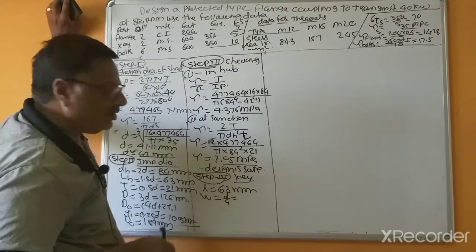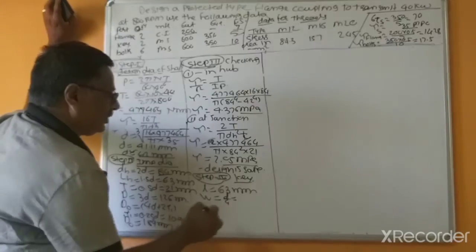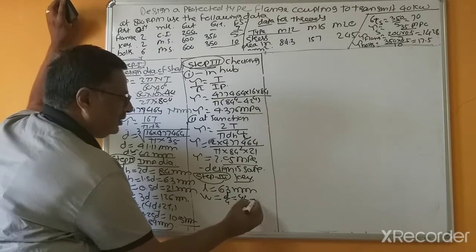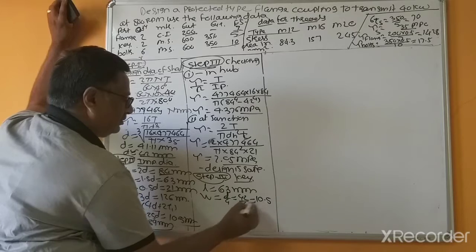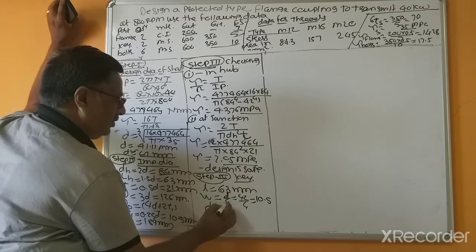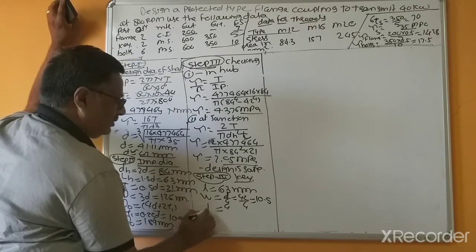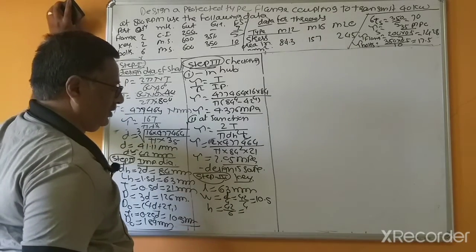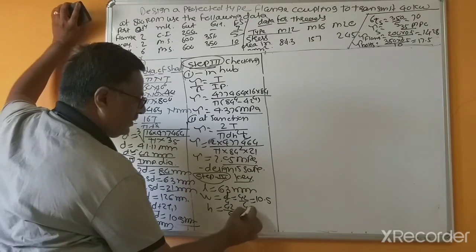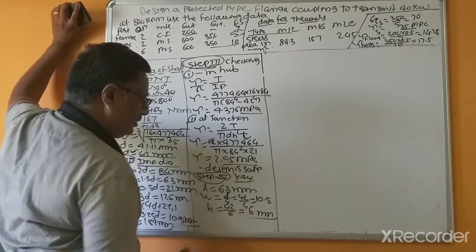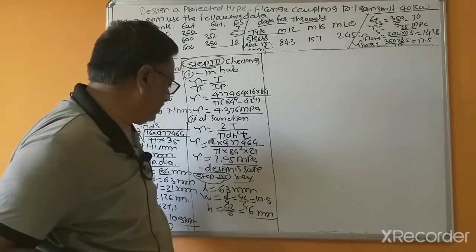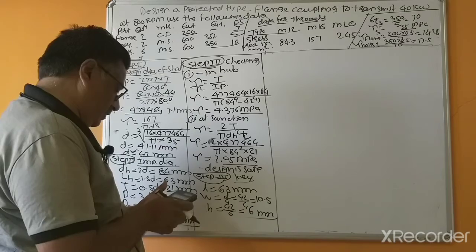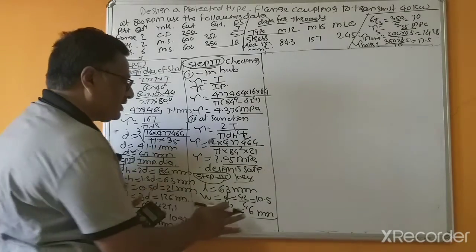Assume here is a rectangular key. 42 divided by 4, and this is 10.5. Height, 42 divided by 6, and this is 7 mm.